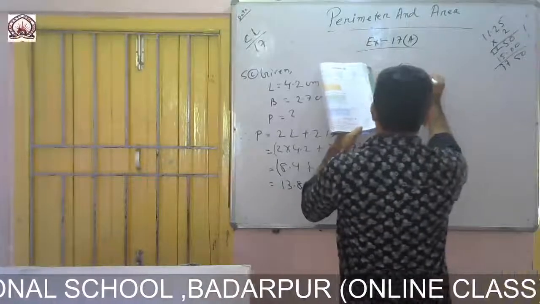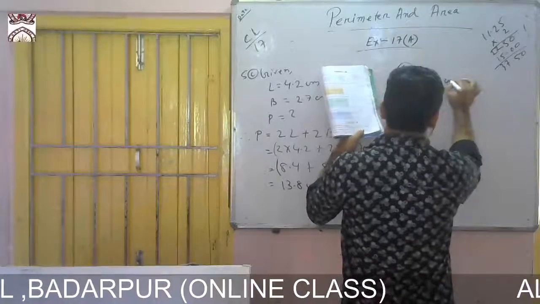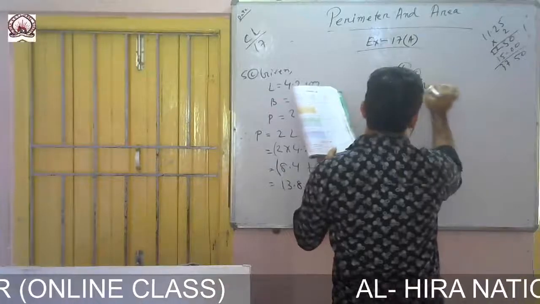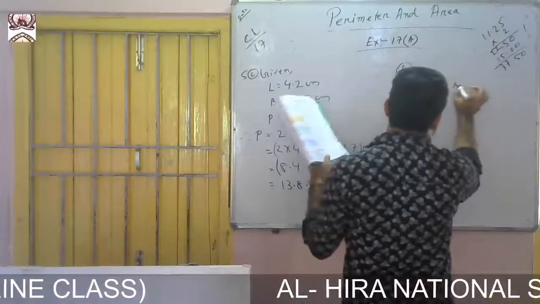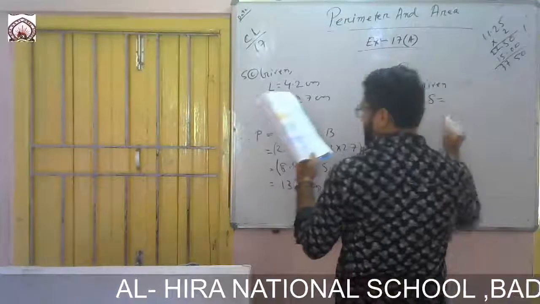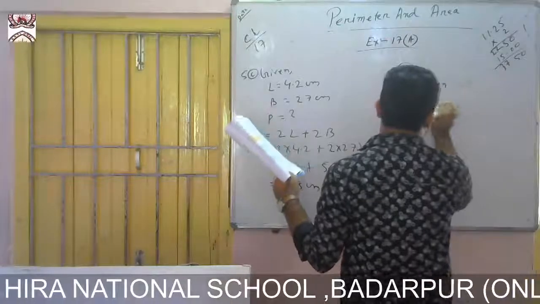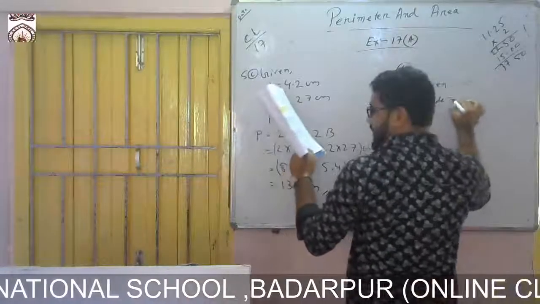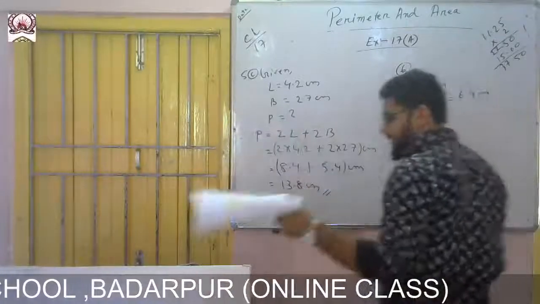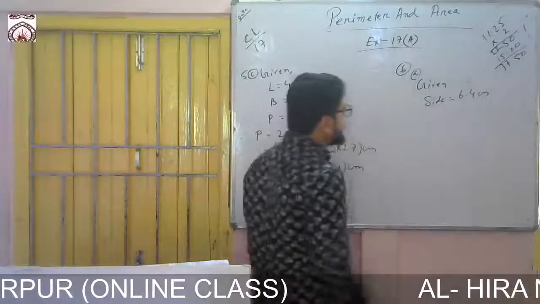For the first one, given side S equals 6.4 centimeter.